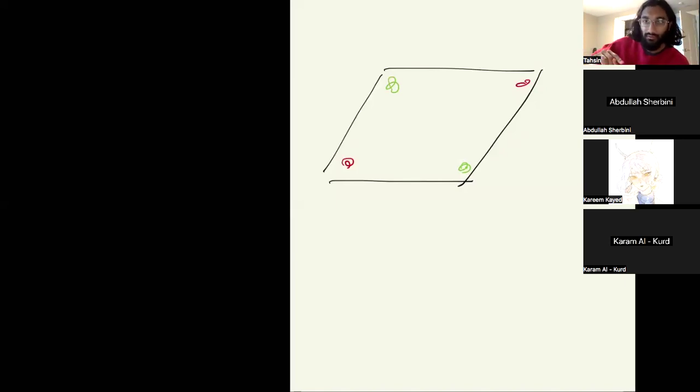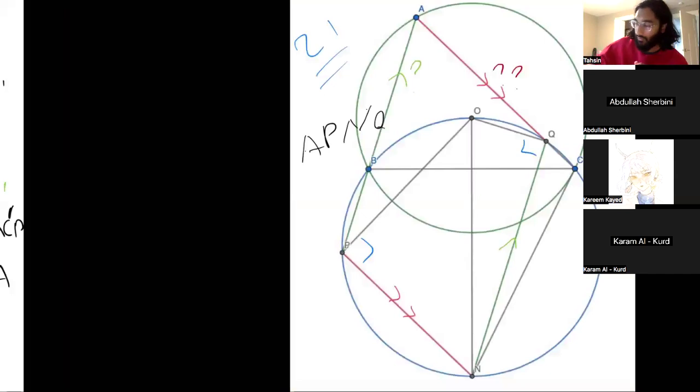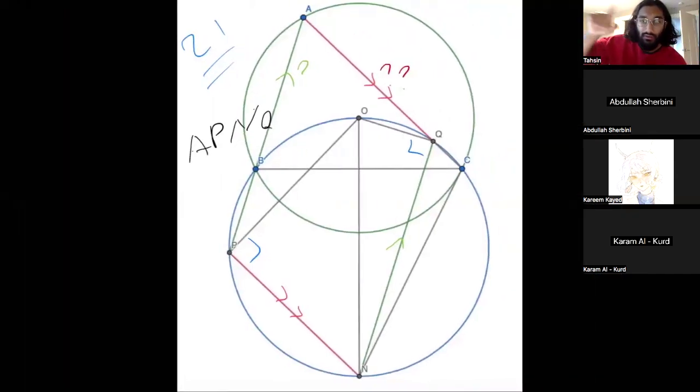So there are many things. Do people understand this argument? If these are equal, then you get a parallelogram, because if those are equal, then you get this, and then you have alternate angles. The reason I brought this one up is that you don't have to add any extra lines to this picture. You can already see those angles here, right?